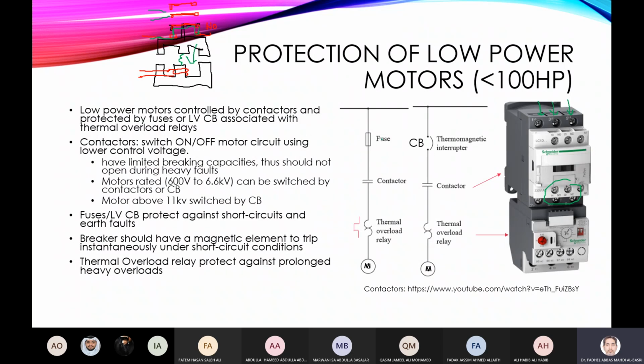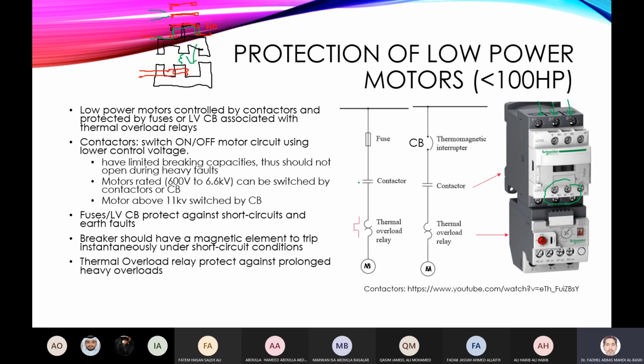Because of this, we provide a fuse. A fuse will blow and open the circuit before the contactor gets damaged. Or we use a circuit breaker, so we trip short circuits by the circuit breaker, not through the contactors. If you want to trip through the contactors, you should make sure that the contactor breaking capacity is higher than the maximum short circuit level.